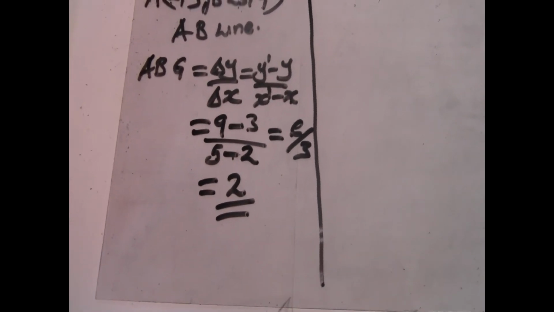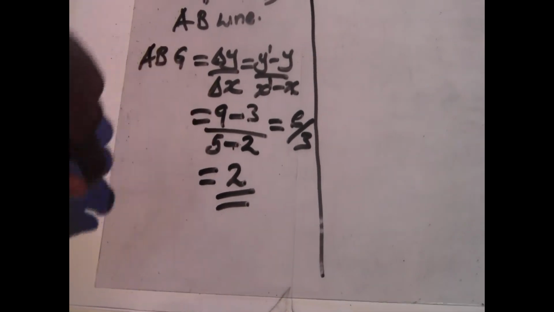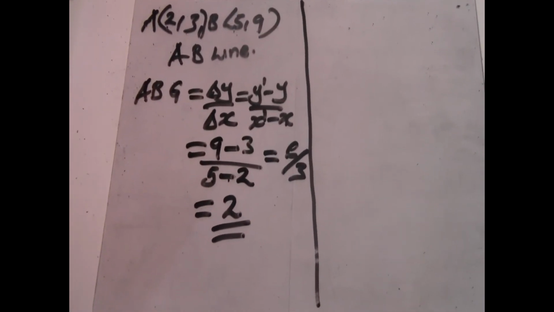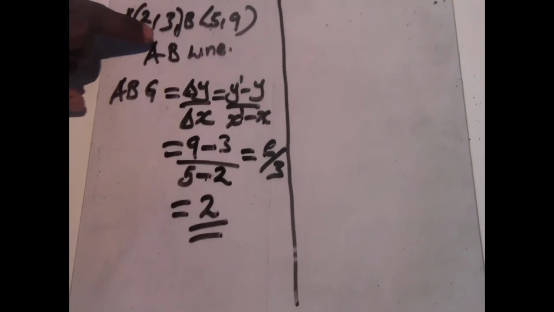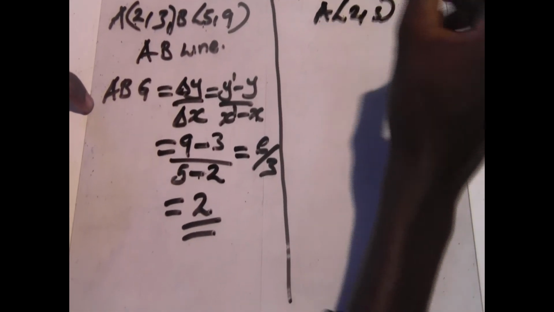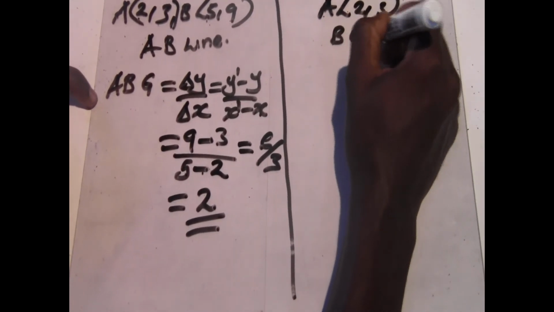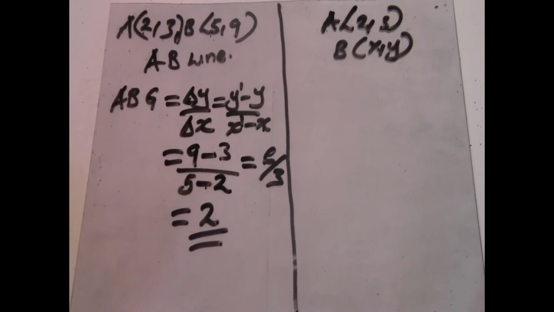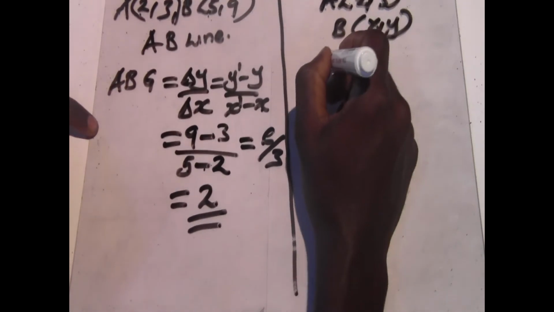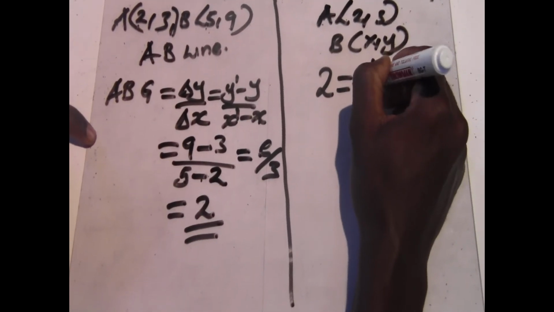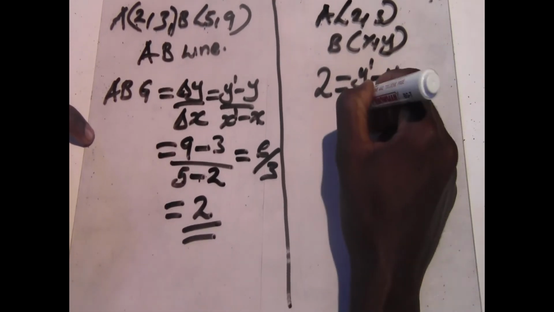So remember what we said, the gradient of this line is 2. When you have the gradient, you use one point and the other one you assume it's not there. So we're going to use point A, 2, 3, and then we assume point B is x, y. So we're going to use that to find the equation of that line. So we're going to use 2 is equals to changing y over changing x.